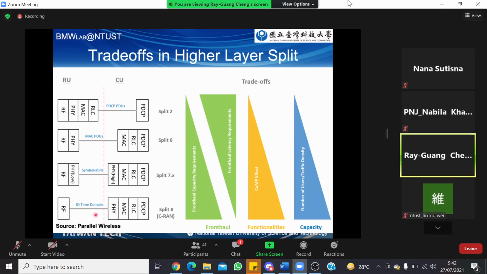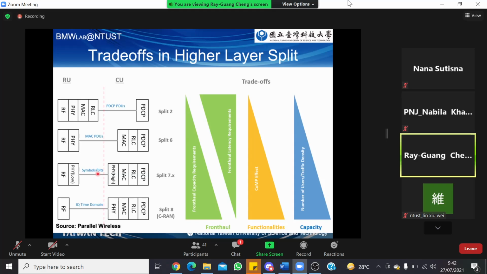When you want to move more to the lower layer, for example between the MAC and the PHY, it is actually still the MAC PDU. But if you want to split the physical layer, maybe you need to transmit bits or symbols. The bits and symbols are originally transmitted within your CPU, so they are close to each other and can use a very high speed.